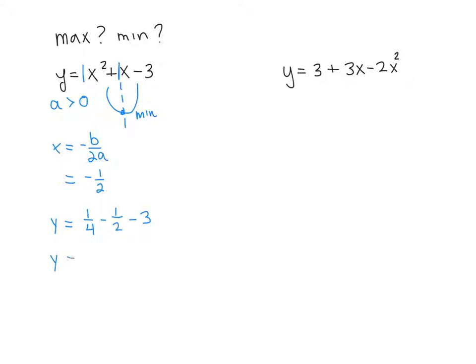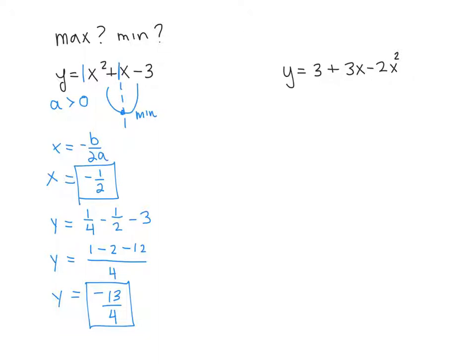Finding the common denominator, we have 4, 1 minus 2 minus 12. So y is equal to negative 13 over 4. So the minimum value of y is negative 13 over 4, and it happens when x is equal to negative half.